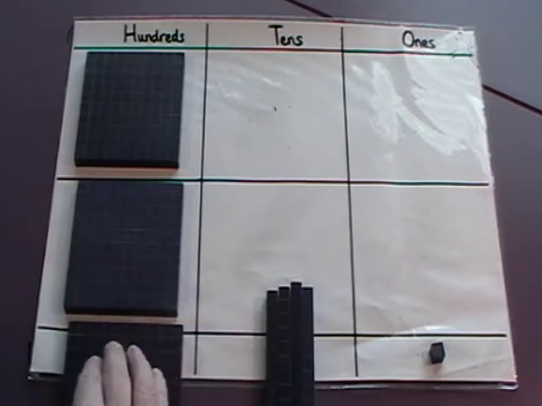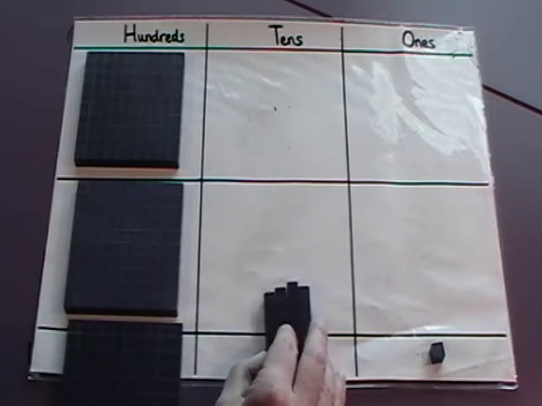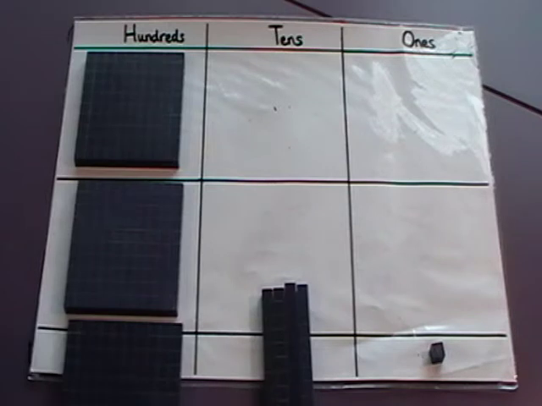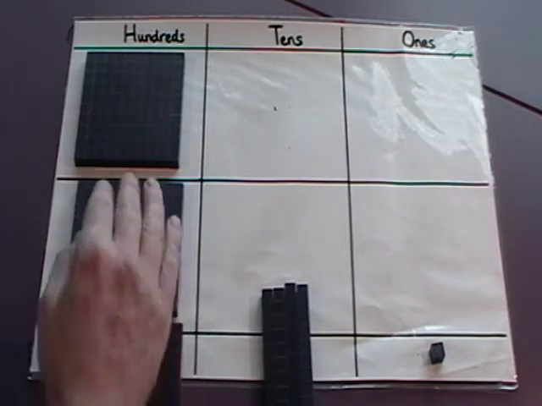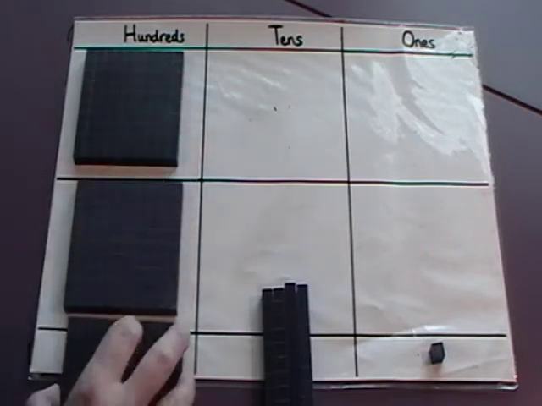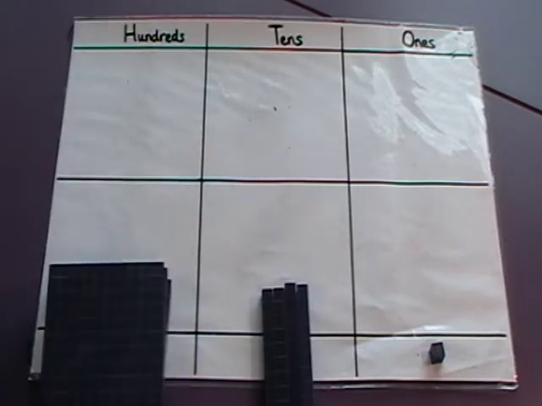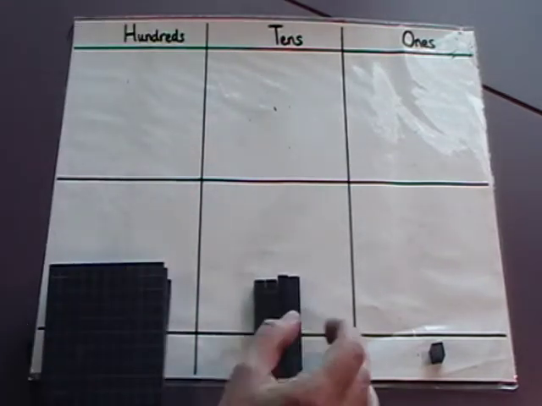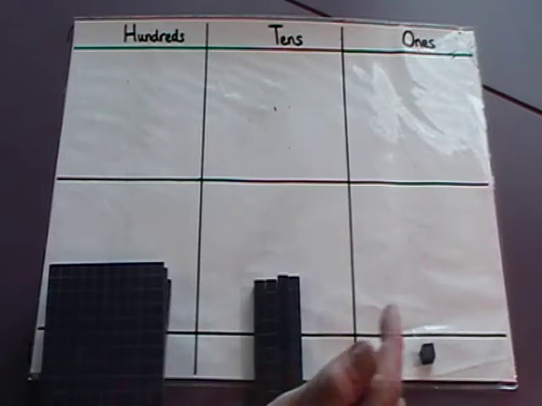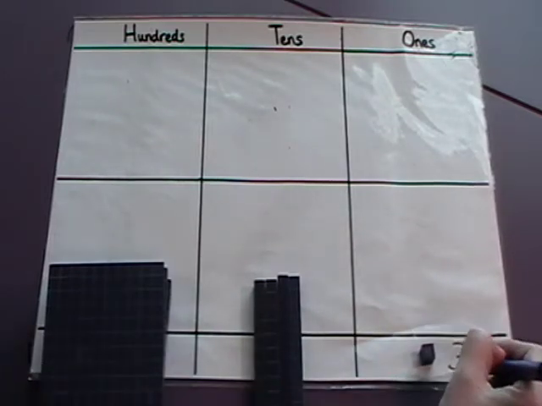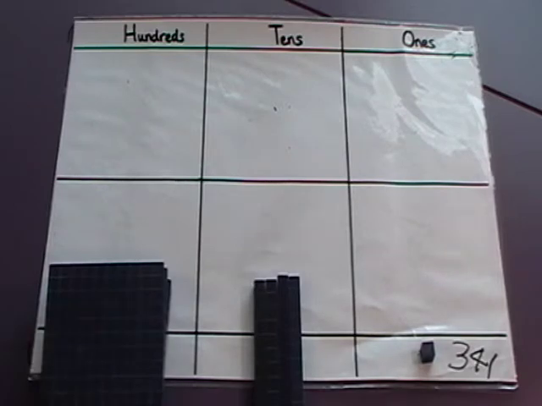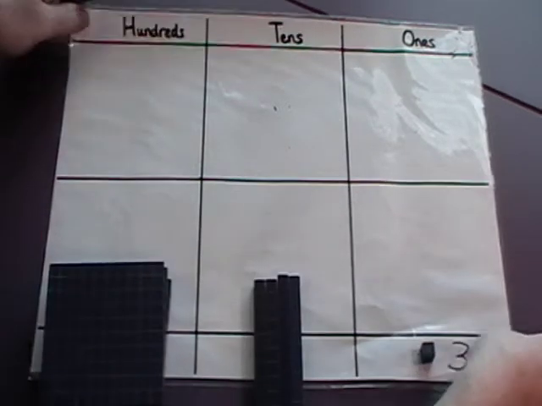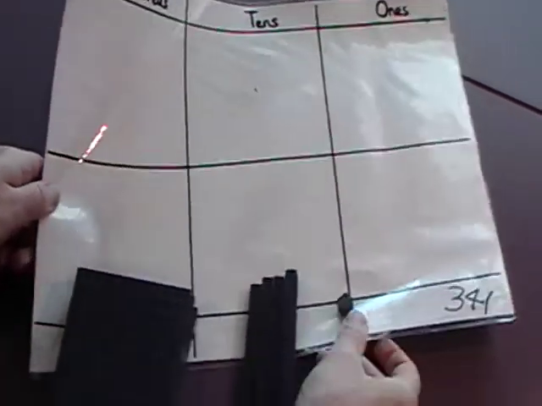We've exchanged 10 tens for 100, and then we've left our 4 tens in that tens column there. So then we can add that up, and we've got 3 hundreds in our hundreds column, we've got 4 tens, and we've got 1. So that number is going to be 341.